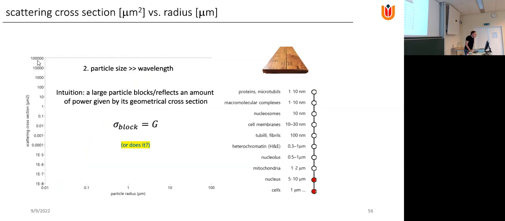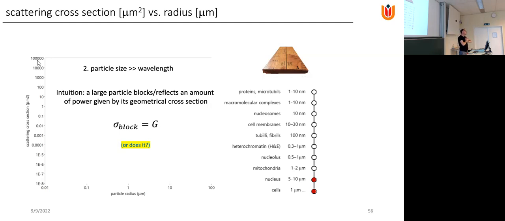Right. Now let's look at the other end of the spectrum, over here, and look at particles that are much bigger than the wavelength. So really big. Think of something observable with your eyes. The intuition is that such a large particle would simply block all the light that is incident.